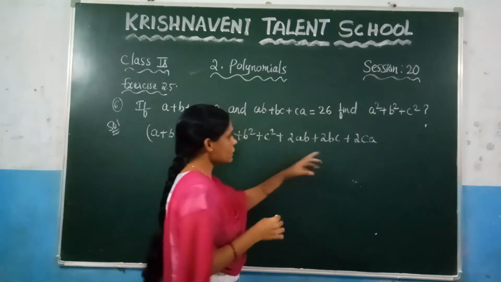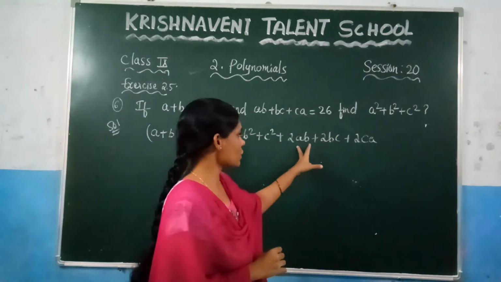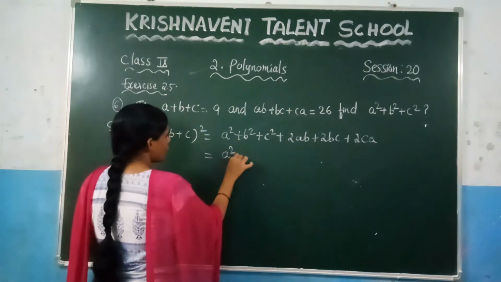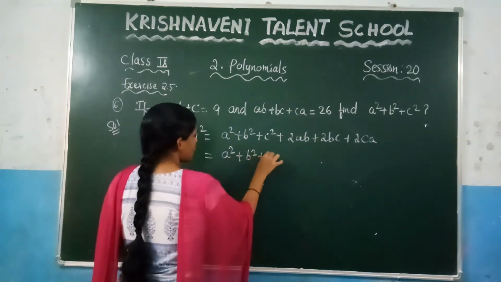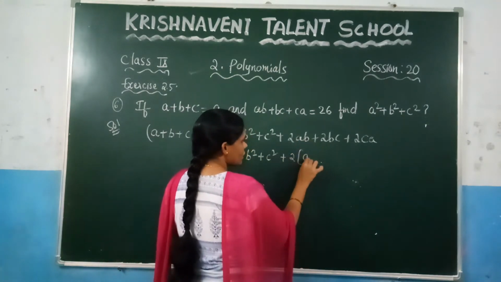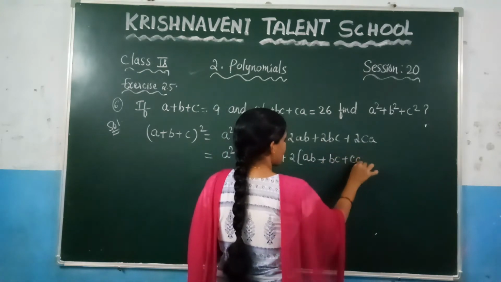In the last three terms you can observe that 2 is common, so you can take 2 common. If you take 2 common, what is left out is ab plus bc plus ca. And the first part is a square plus b square plus c square.